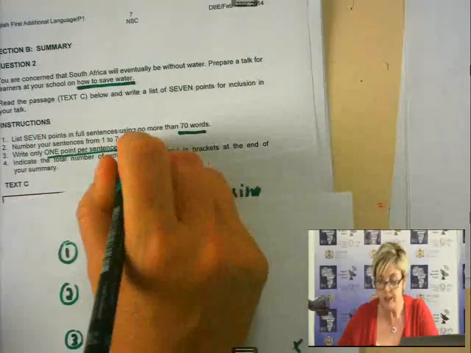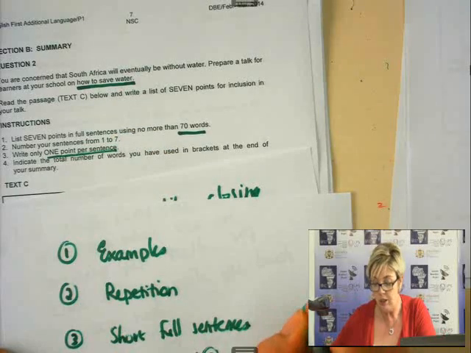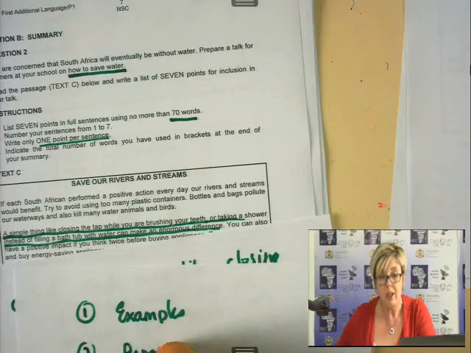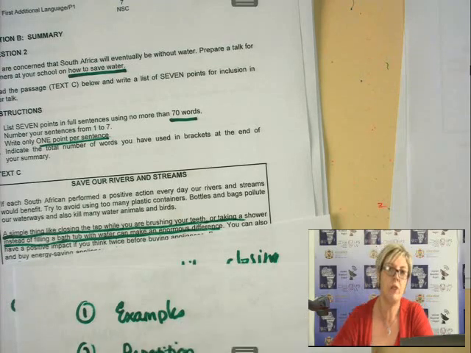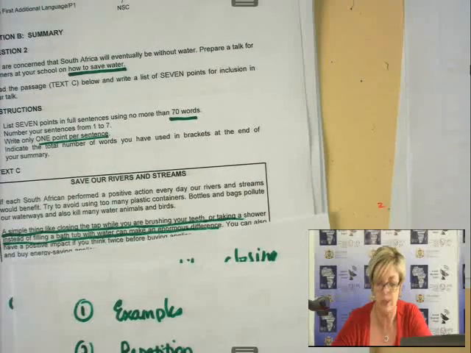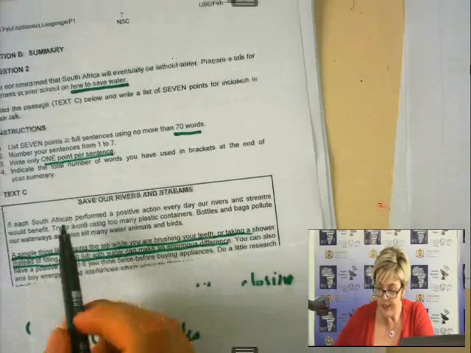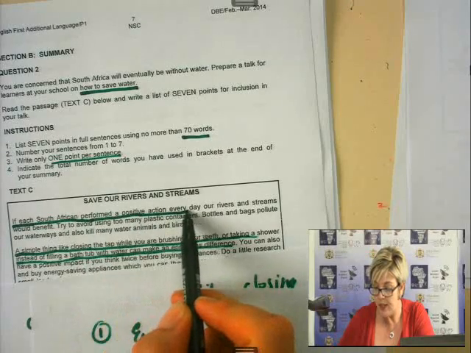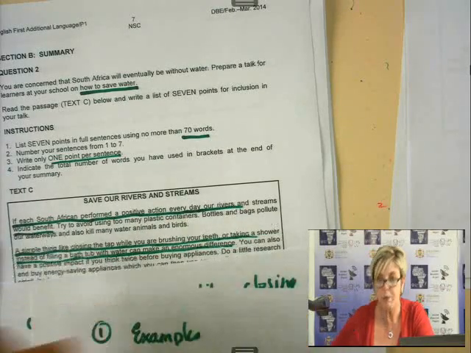I always tell the learners, if you've written down something, ask yourself, does this tell me how to save water? And if the answer is no, then you know it's not a fact. You are wasting words. For example, if they say, "If each South African performed a positive action every day, our rivers and streams would benefit."